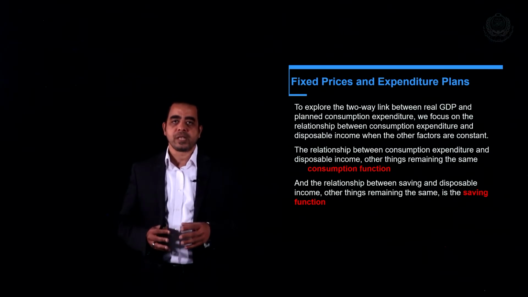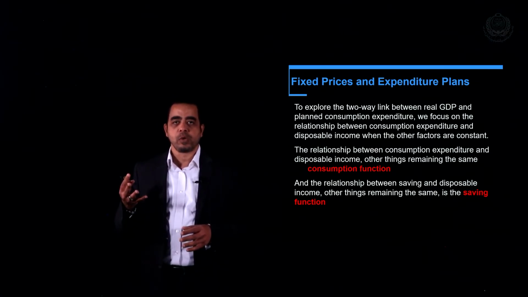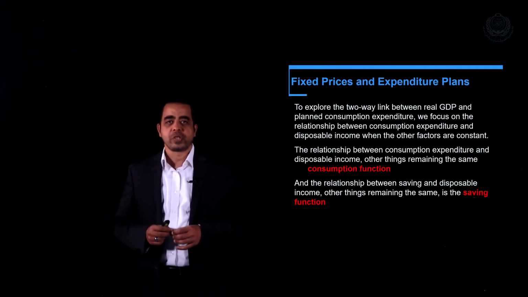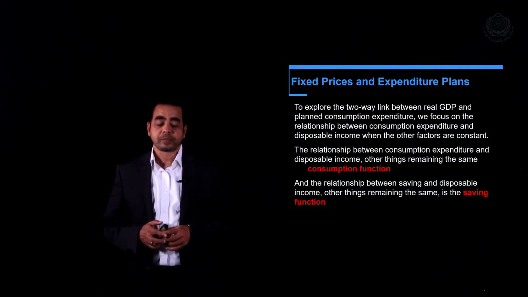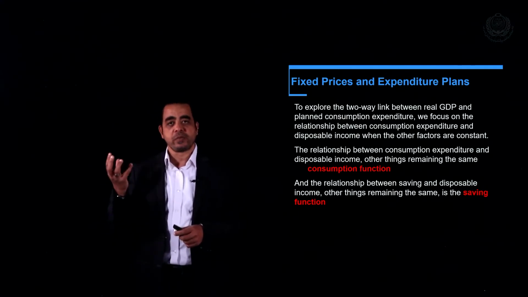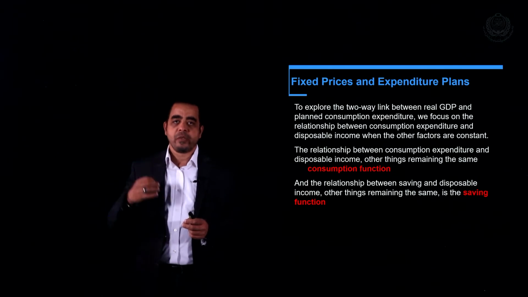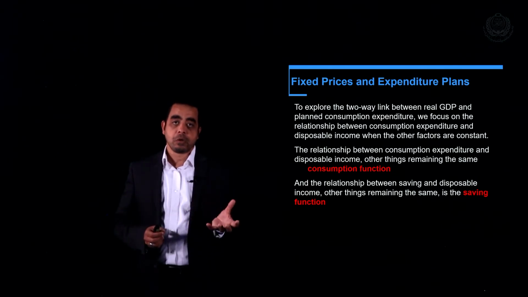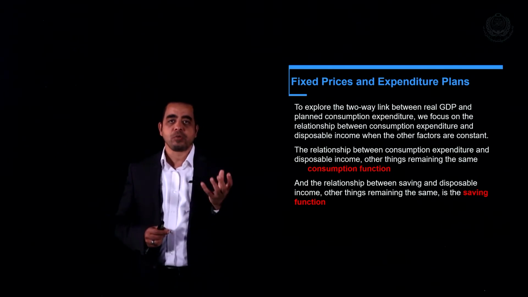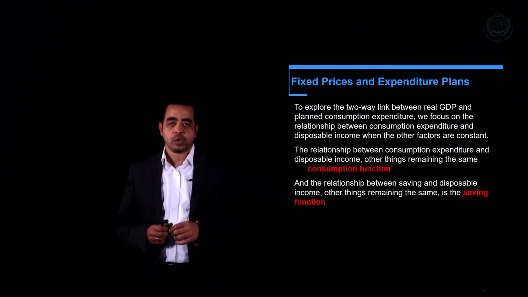The higher your disposable income, the higher is your saving too. So here we have a positive relationship between the disposable income and the savings. So when your income is higher, this means that your consumption will go higher and your saving will go higher too.